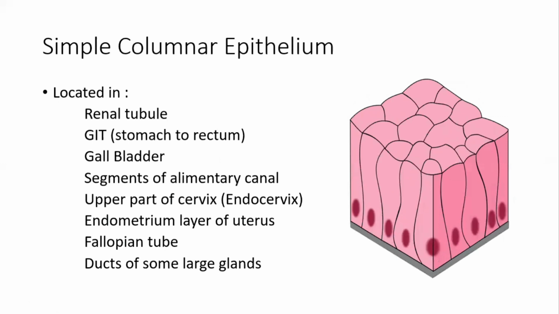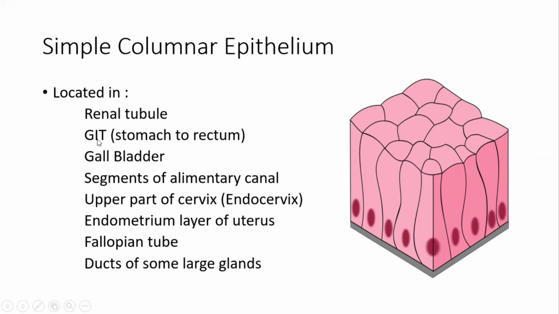Now, simple columnar epithelium. These cells are long and tall, and because it has only one layer, it's called simple columnar epithelium. They're located in renal tubules, in the GIT, basically from the stomach to the rectum. They're all simple columnar epithelium.